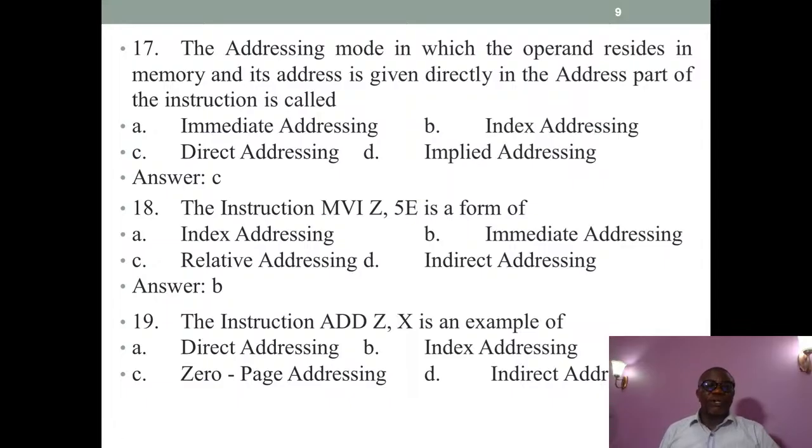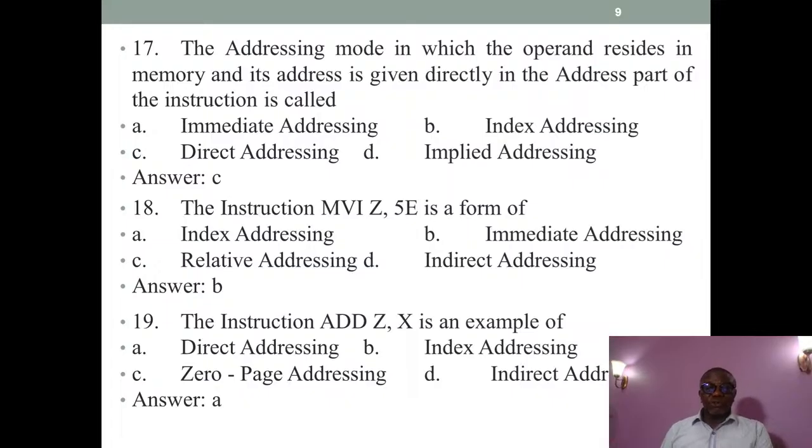Of course, it is a form of direct addressing. You're adding what is in X to what is in Z, and your answer will be stored in Z. That is the meaning of that.